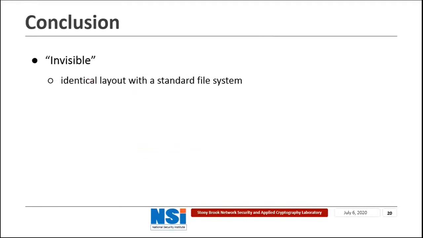To conclude, INFUSE is an invisible file system that provides plausible deniability for NAND flash devices. Here, invisible means that it has the identical layout as a standard file system, YAPS. INFUSE is designed based on a hardware-based hidden bit embedding scheme in NAND flash.